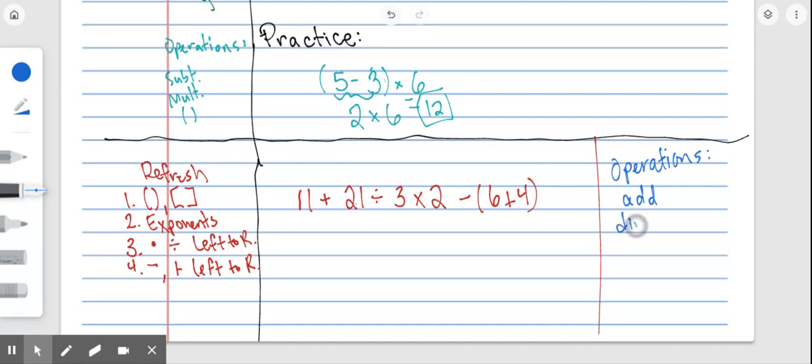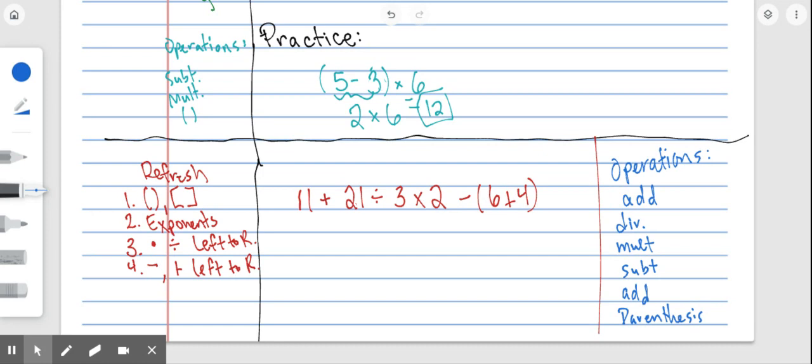We've got division. What operation is between the 3 and the 2? We've got multiplication. What operation is between the 2 and the 6? We've got subtraction. What operation is between the 6 and the 4? We have another addition. And then we also have parentheses around the 6 and the 4.